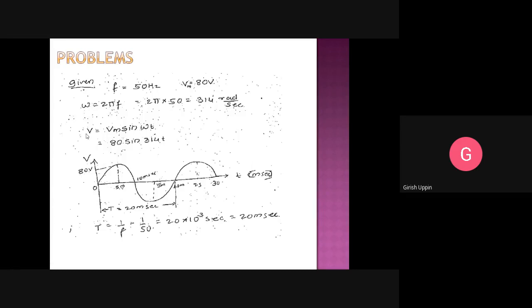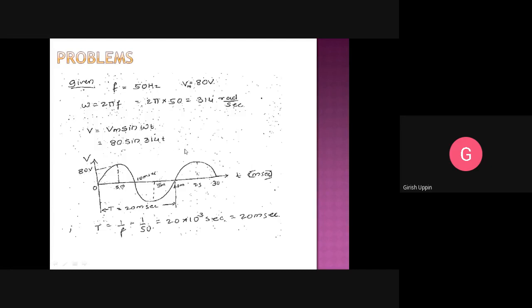Either we can use v is equal to Vm sine omega t, or v is equal to Vm sine 2 pi ft. 2 pi f we already calculated, omega we got, so we can use lowercase v is equal to Vm sine omega t, and omega is 314. So the mathematical expression of the instantaneous voltage is v is equal to 80 sine of 314 t.